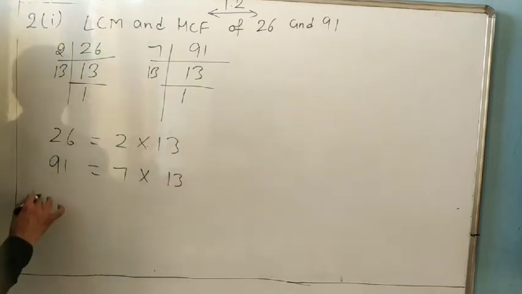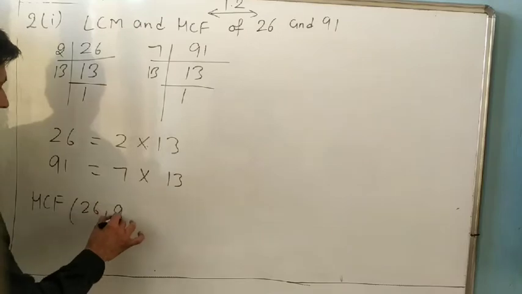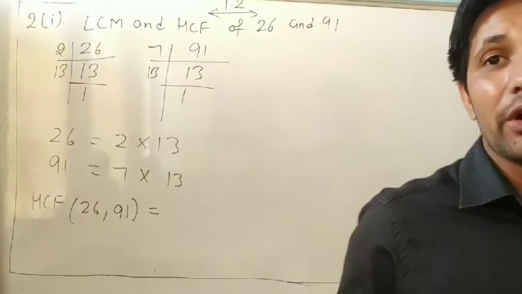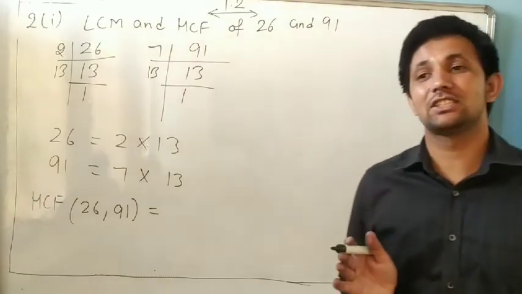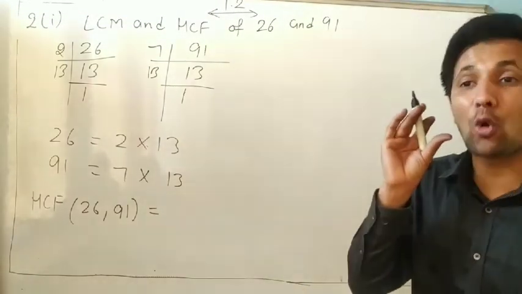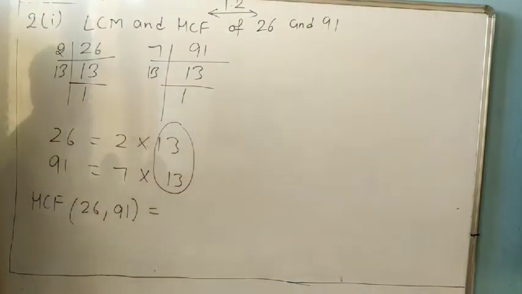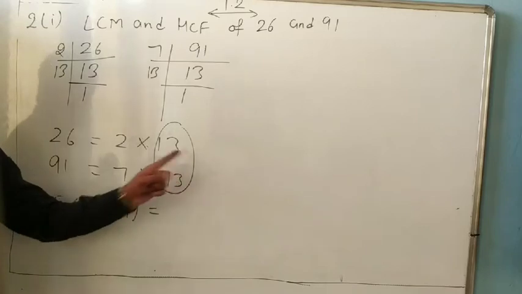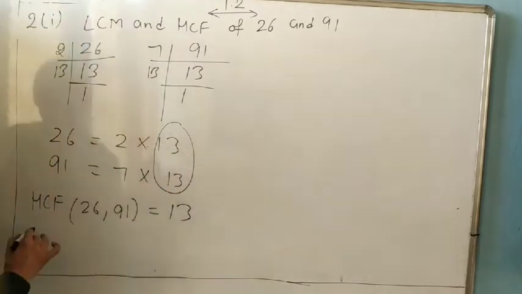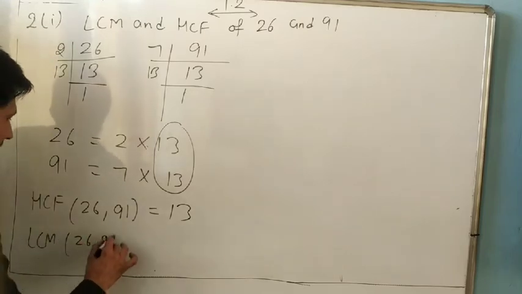Now HCF of 26 and 91. What is HCF? The product of the smallest power of each common factor. Which one is common? 13 is common, and the smallest power is 1. So it is 13. Next is LCM of 26 and 91.